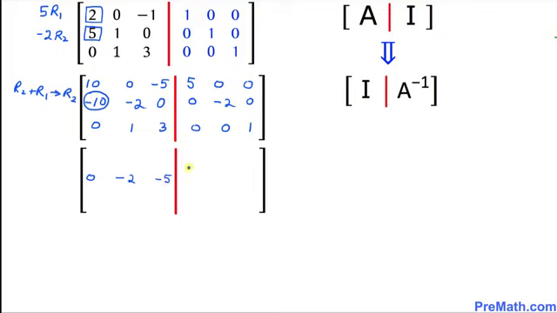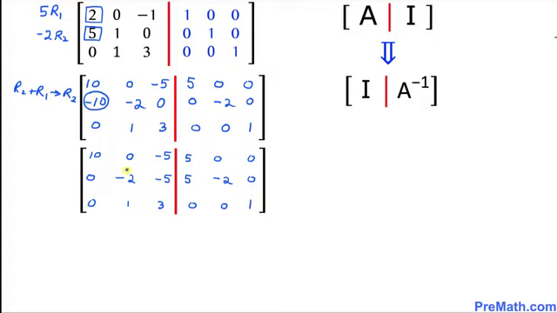Likewise, when we add these two, that's going to become 5, -2, 0. So the first and third rows are going to stay the same, just leave them alone. 10, 0, -5, 5, 0, 0, and likewise 0, 1, 3, 0, 0, 1.